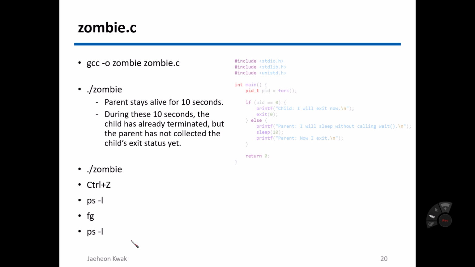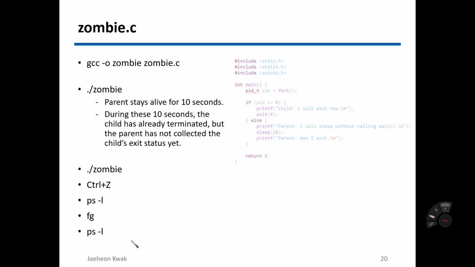And when we check the letter Z, we can see that the child process is a zombie process. This letter Z indicates the process is a zombie, which means the child process is already terminated, but it is waiting for the parent process's wait function.